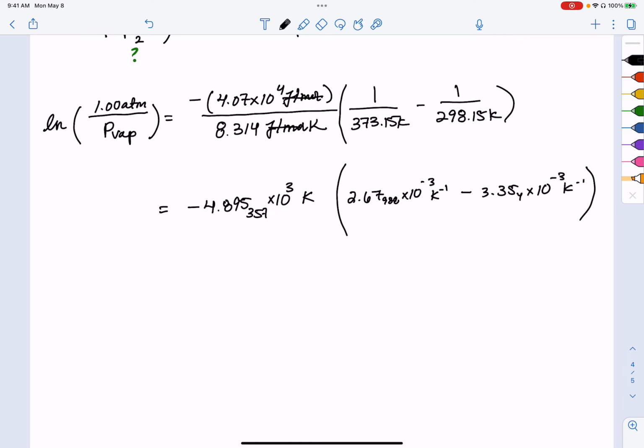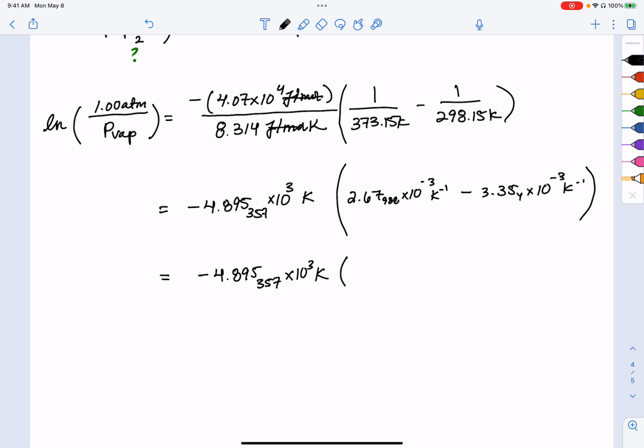Still tackling this right-hand side. Let's figure out what that difference is. So negative 4.895357 times 10 to the 3 Kelvin.